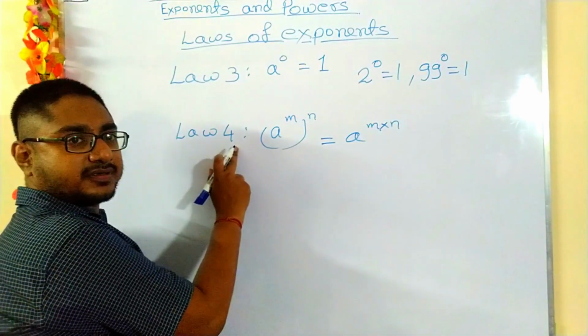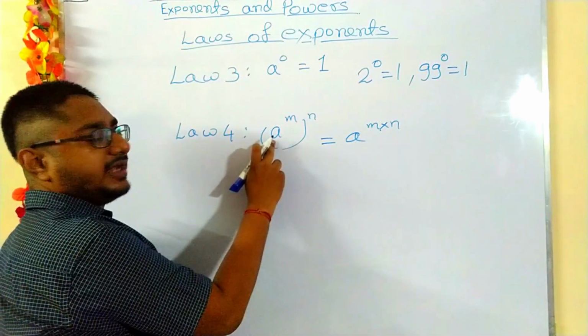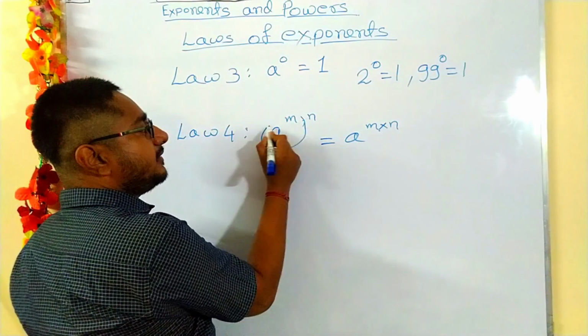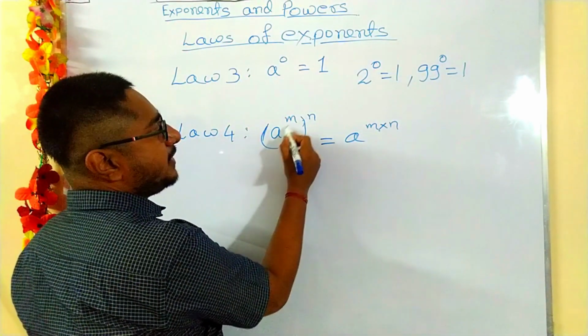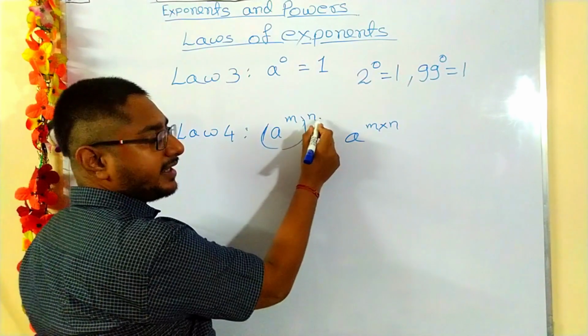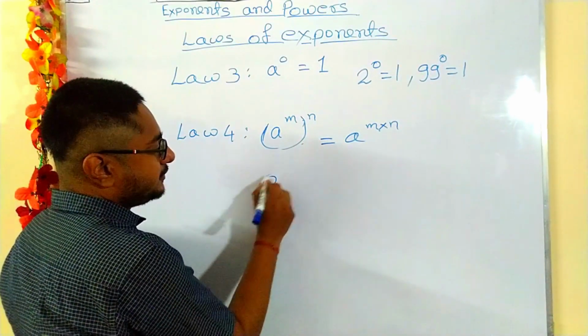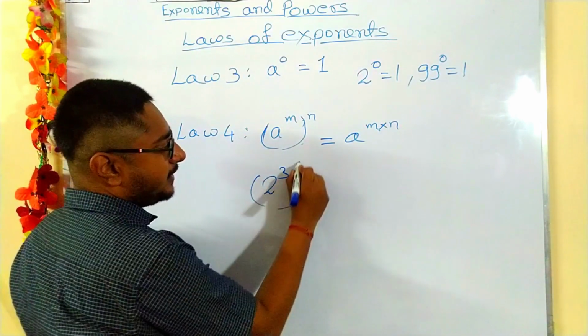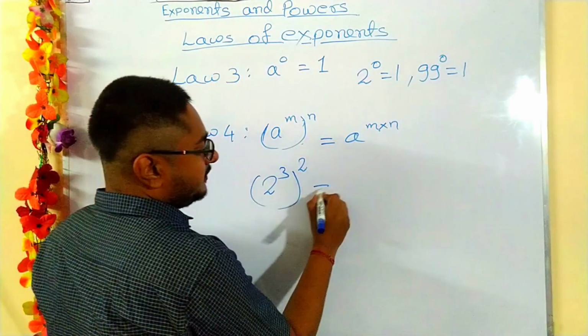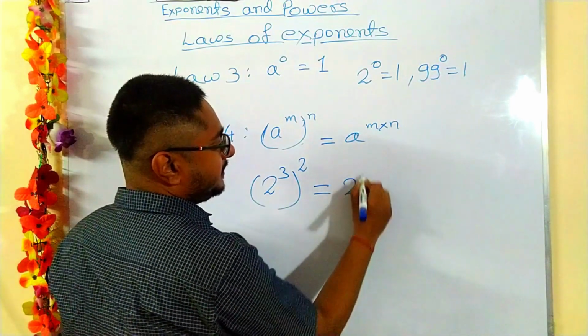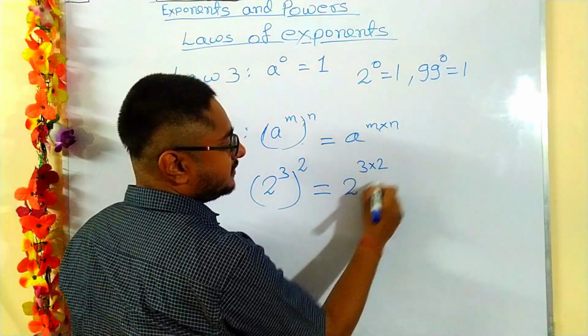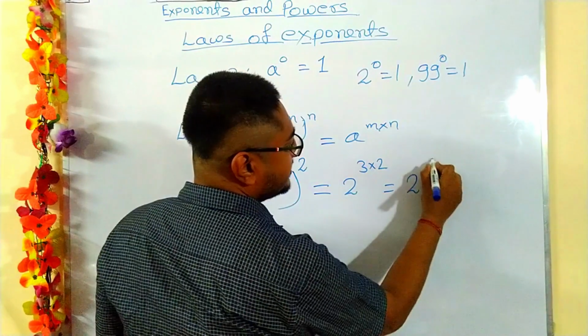Next, law 4. In law 4, if we have a base and a power, that means a to the power m whole to the power n, the powers get multiplied. For example, 2 to the power 3 whole to the power 2. What we can write? 2 to the power 3 into 2, or 2 to the power 6.